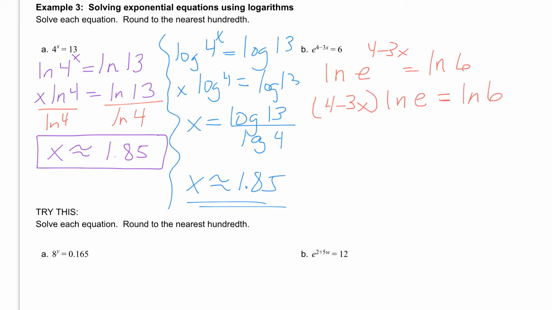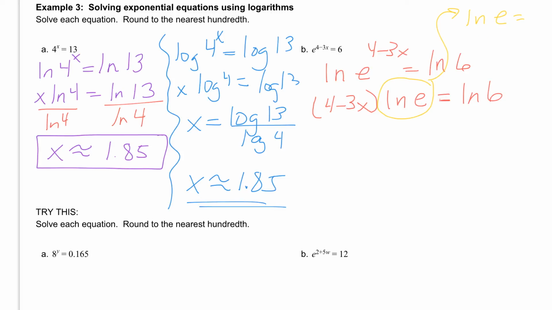Now the reason I chose natural log instead of log for this one is because of this base e that I had to begin with. Because if I take a look at my problem now, this natural log of e, I want you to think about that for a second. If I just evaluate the natural log of e, I'm thinking to myself, remember there's an e right here as my base, so I'm thinking e to what power is e?